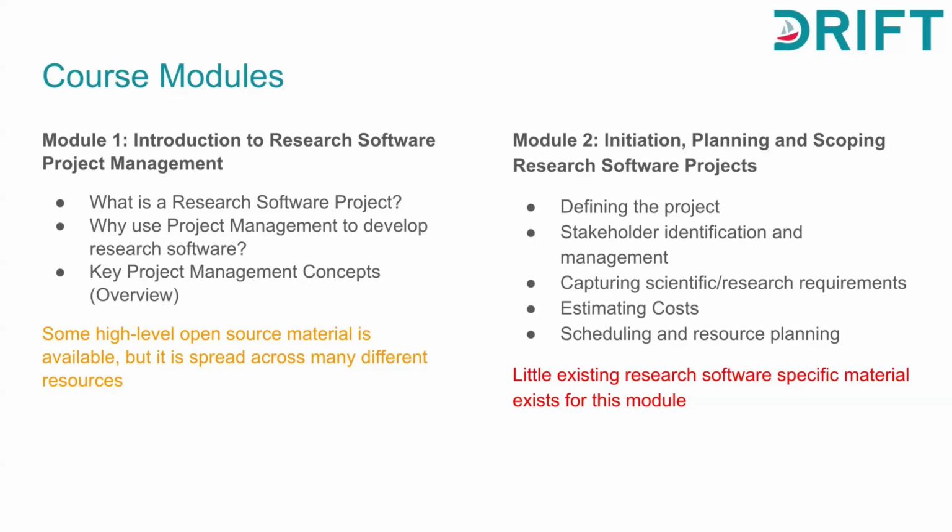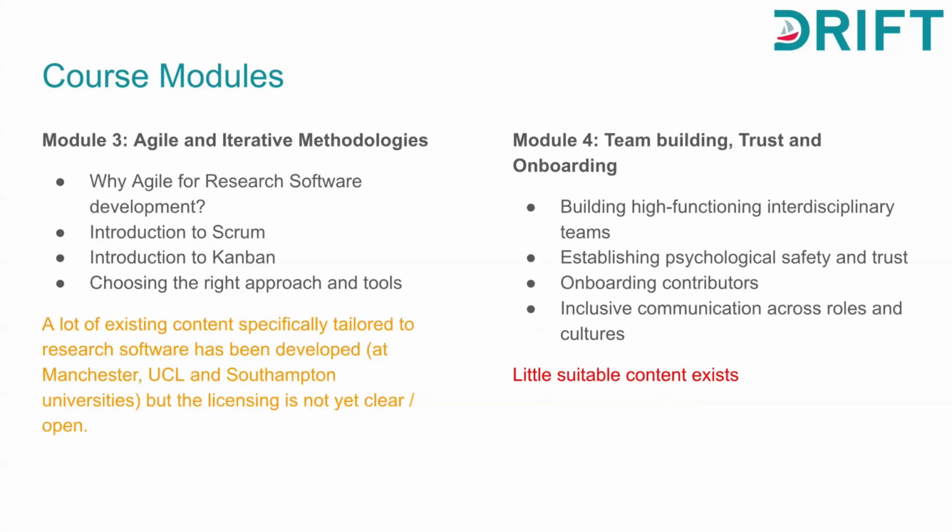For the second module, initiation, planning, and scoping for research software projects, there's little existing research software specific material for this. And I think this is one of the key areas where there needs to be development of more community resources. For agile and iterative methodologies, it's very similar to Module 1.